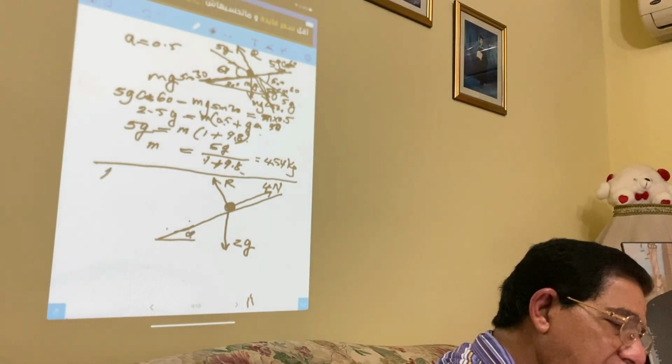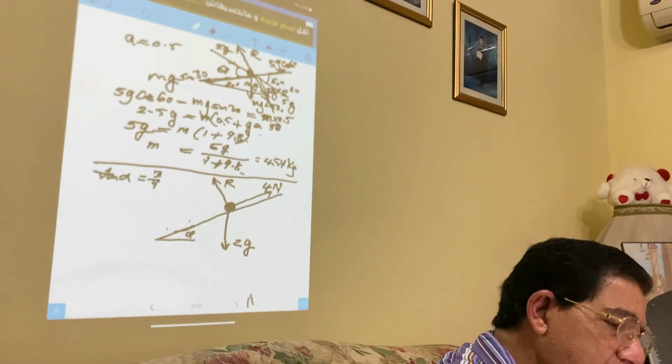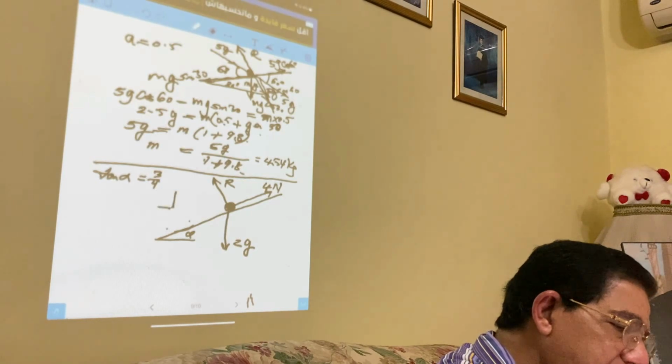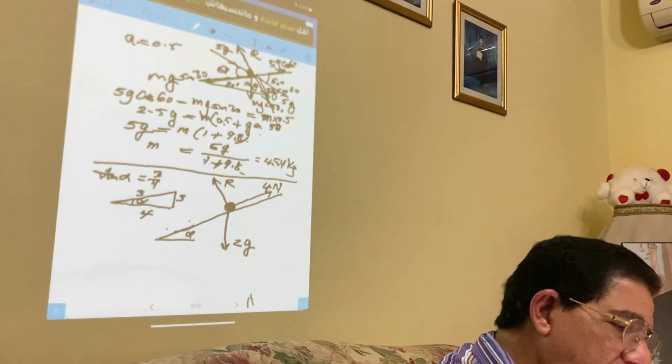We are given that tan alpha equals 3/4. So we draw a triangle: this angle alpha, this side is 3, this is 4, this is 5.